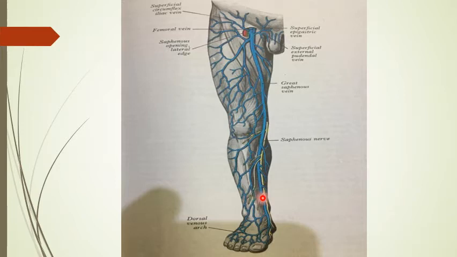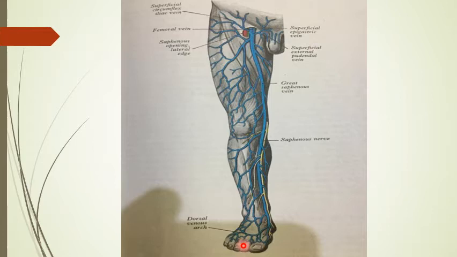It is the longest vein in the body and starts from the venous plexus present on the foot. On the foot you can see from the digits there are very small veins which collect blood from the digits. These veins collect not only from the dorsum of the foot but also from the plantar side through the communicating vein shown here.